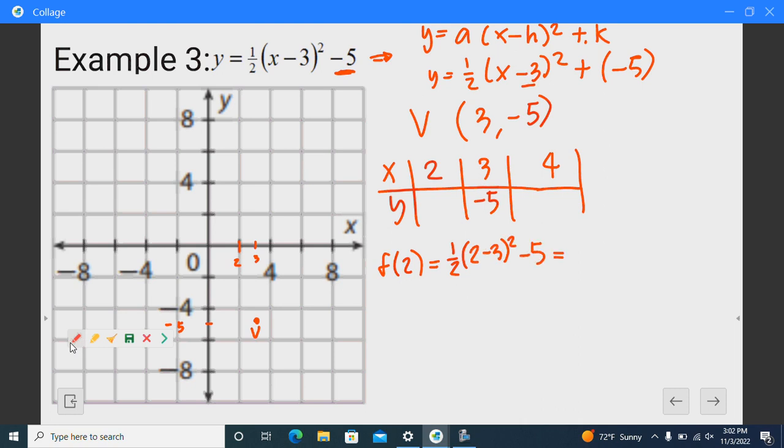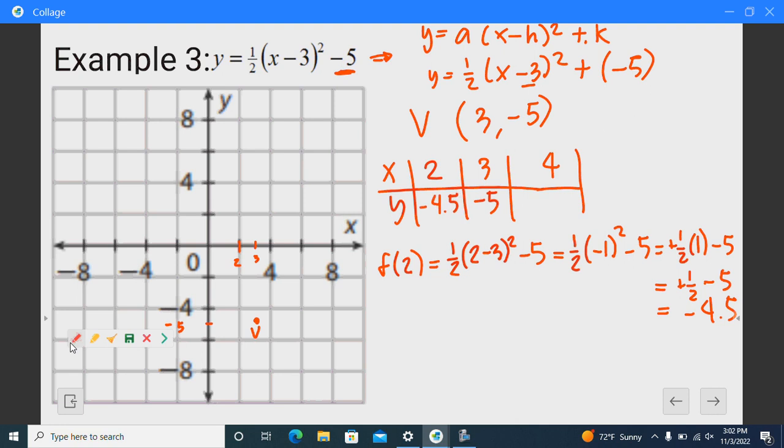That would give us 1 half times negative 1 squared minus 5. That is 1 half times 1, oh no, that's not negative, that's positive. 1 half minus 5, therefore you have negative 4.5. So if x is 2, your y is negative 4.5.